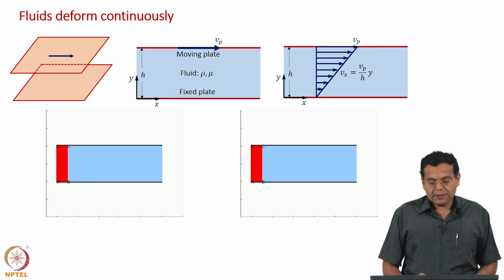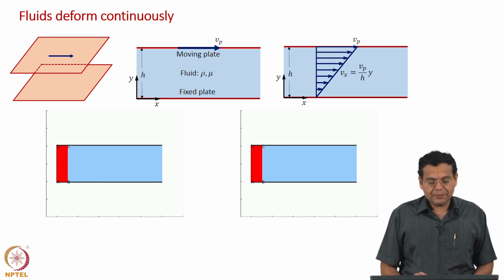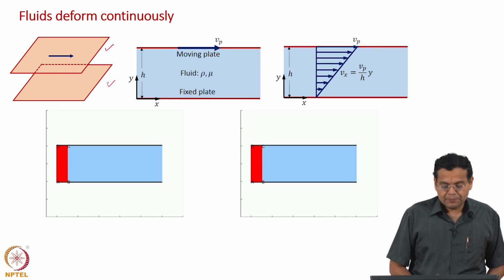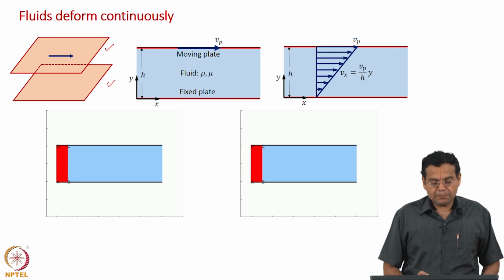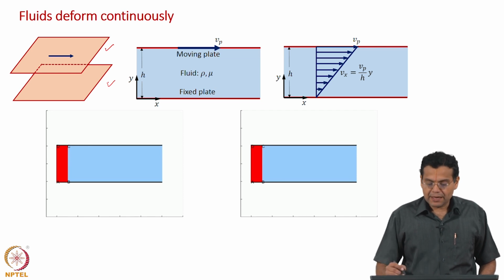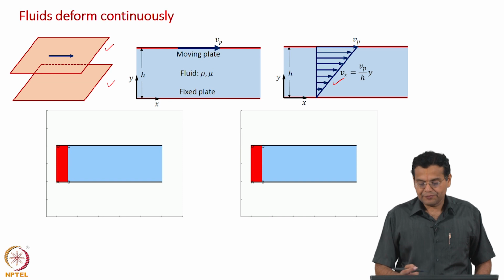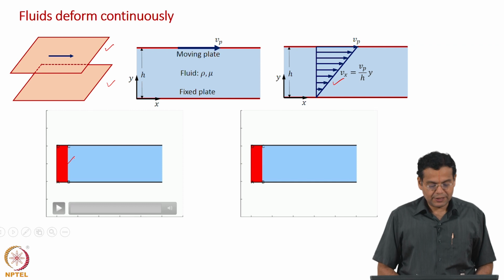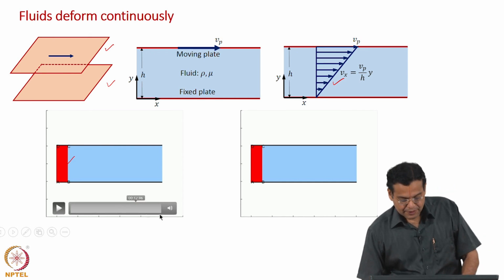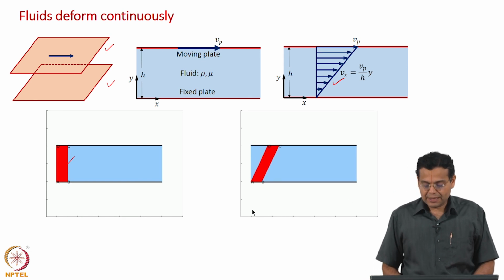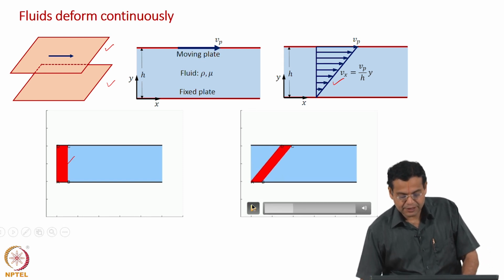We also saw an animation to show that fluids deform continuously. This is a flow between two parallel plates. The bottom plate is fixed, the top plate is set to motion at a constant velocity V p, and the velocity profile is linear. We have come across this several times. We identify a region of fluid, and if you focus on that region, we can easily see that it continuously deforms.